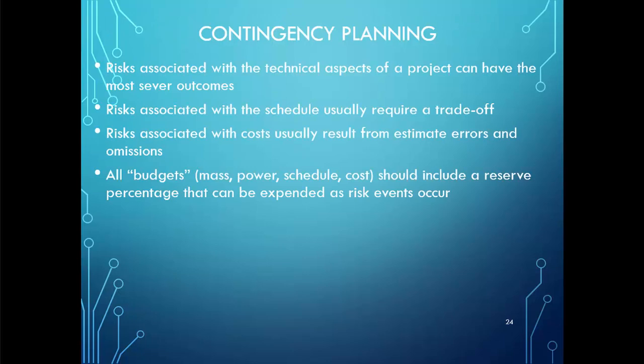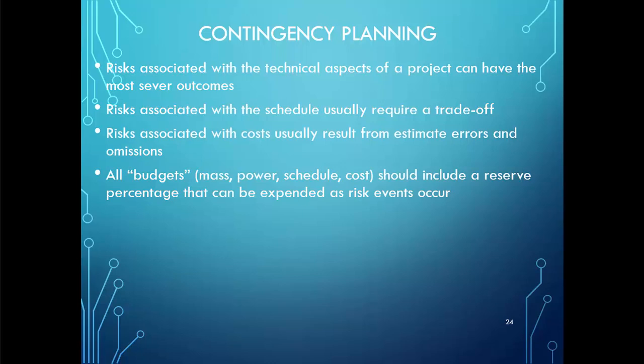For contingency planning, risks associated with the technical aspects of a project can have the most severe outcomes. In this case, it can be mitigated by building and testing prototypes of critical components. We can have available backup or alternate designs that have much lower risk.